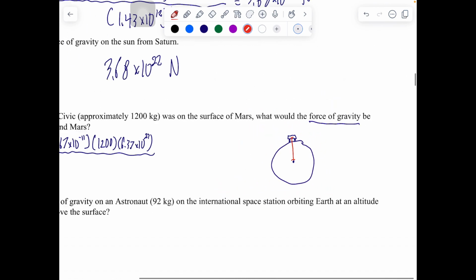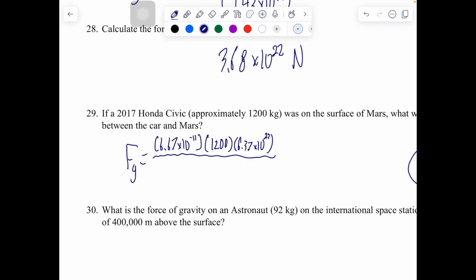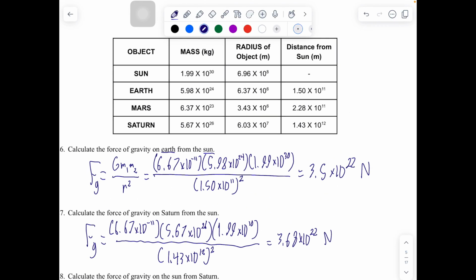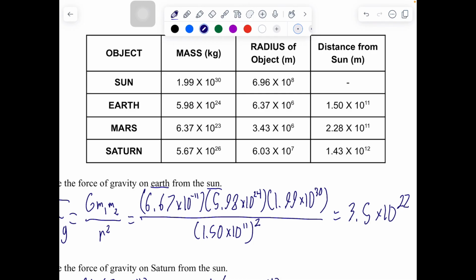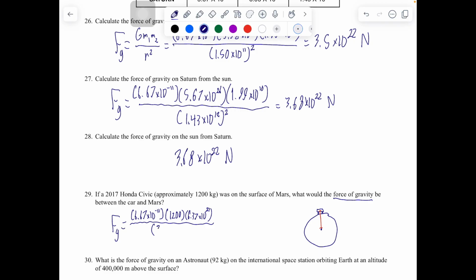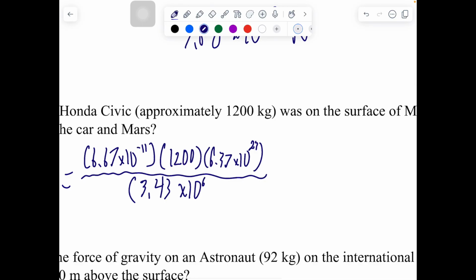The radius of Mars is already so huge, that's going to be good enough. So plug in the radius of Mars. Again, that's not what r is, it's the distance between the two object centers. But since we're on Mars, the distance between the two centers is approximated as the radius. 3.43 times 10 to the 6th.